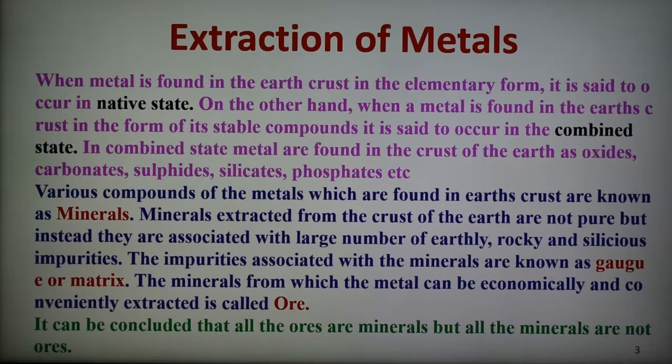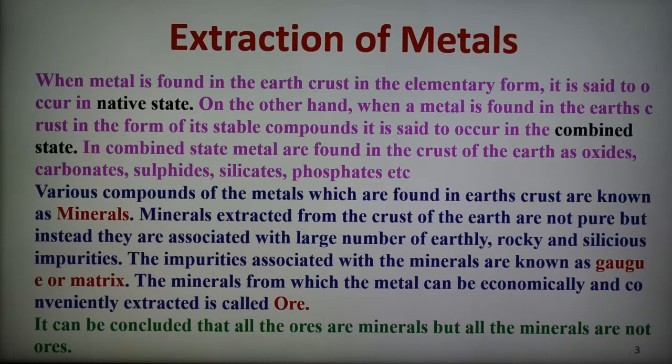Minerals extracted from the earth crust are not pure, but are associated with a large number of rocky, earthly, or siliceous impurities. The impurities associated with the minerals are also known as matrix or gangue.